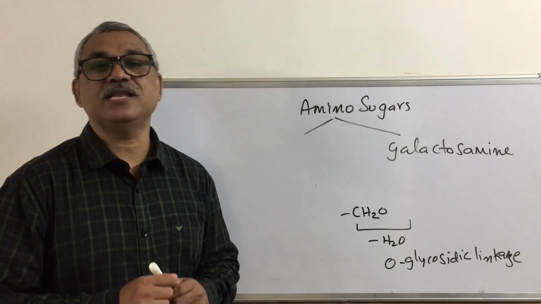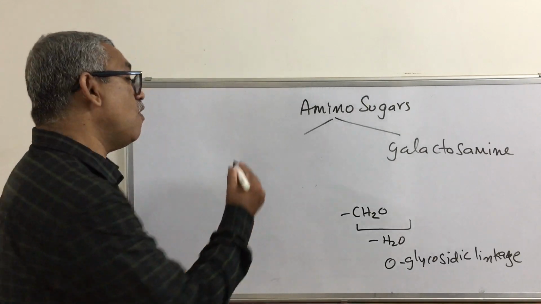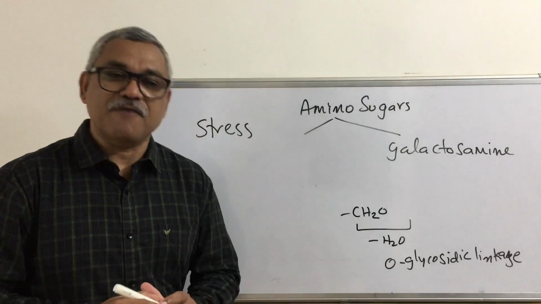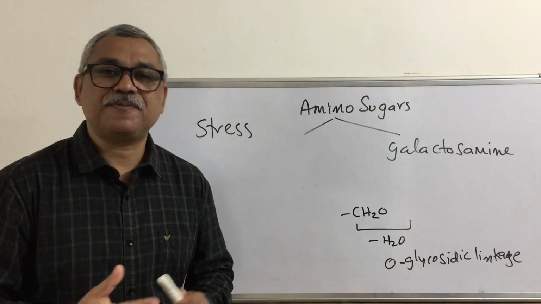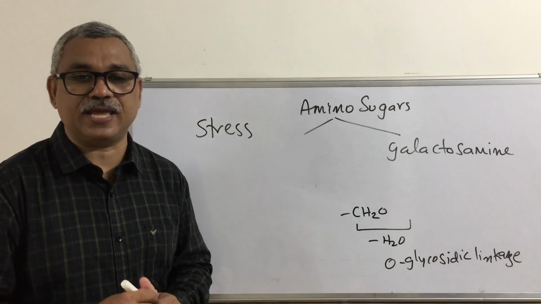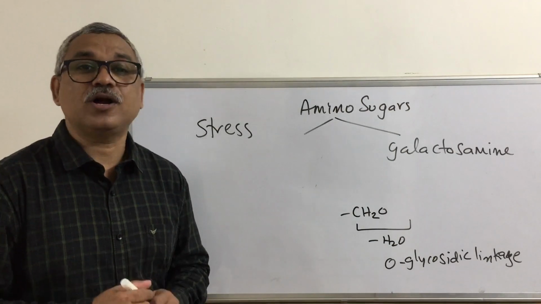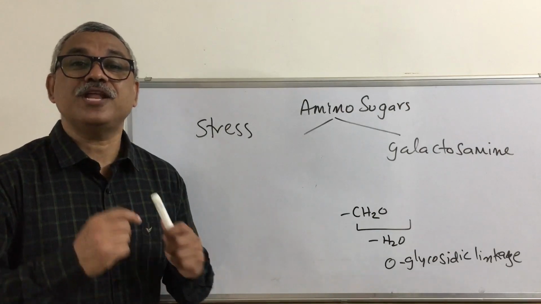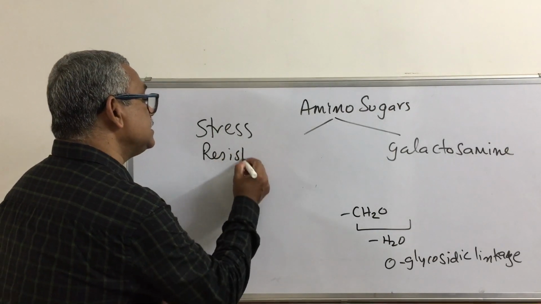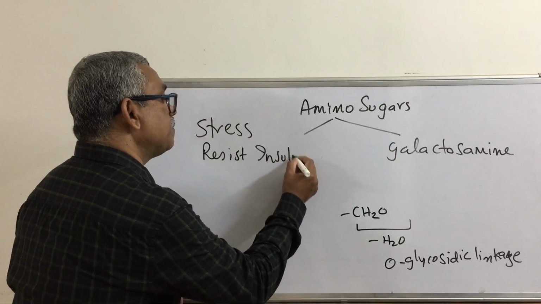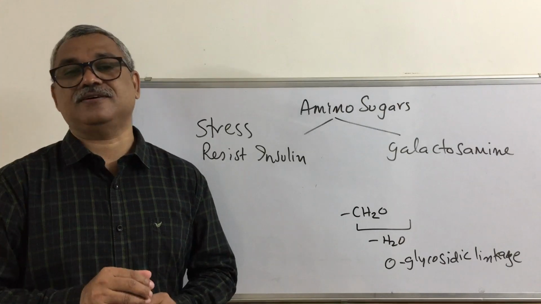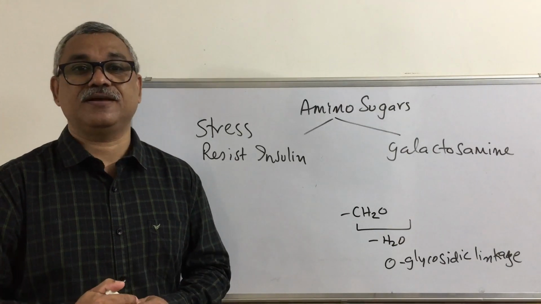O-glycosylation of protein is an indication of stress. When there is hyperglycemia, that is increased sugar levels in the body, because of the O-glycosylation, the body becomes resistant to insulin. It is also associated with cognitive function.